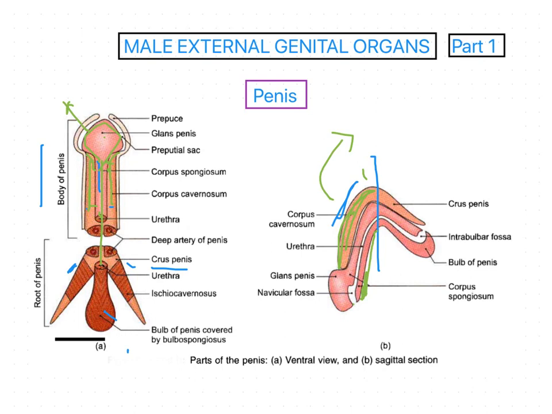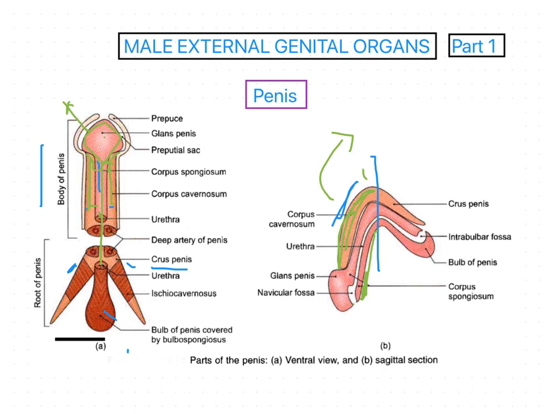So both corpus cavernosum and spongiosum are covered by this fascia penis. This is also called Buck's fascia. Okay, and this fascia intervenes between the deep dorsal vein and superficial dorsal vein of the penis.